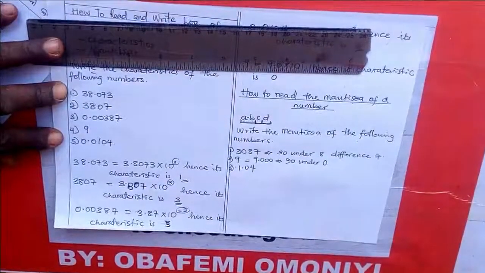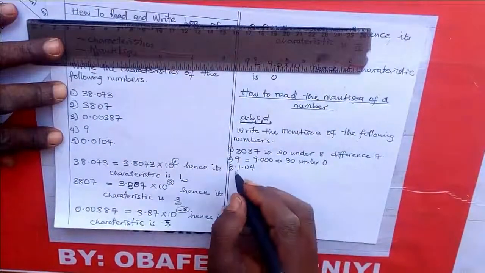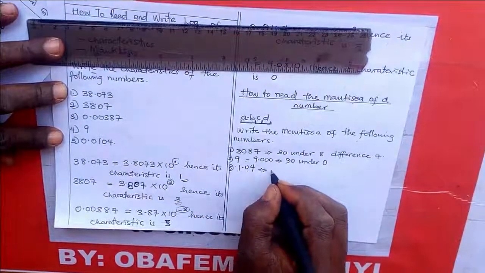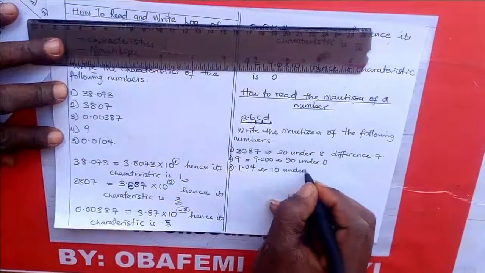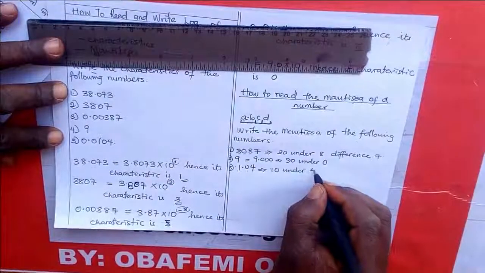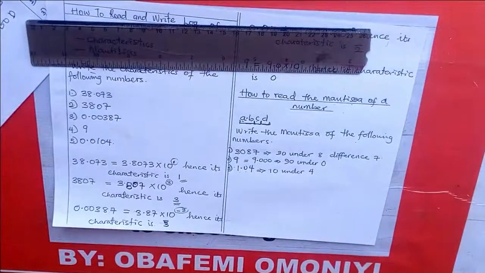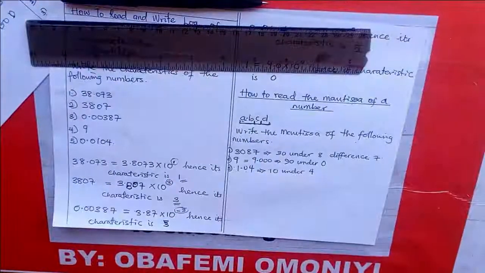On the logarithm table, there is no difference 0. Then this, you check 10 under 4. So no difference in this one. So let me read them up on the logarithm table.